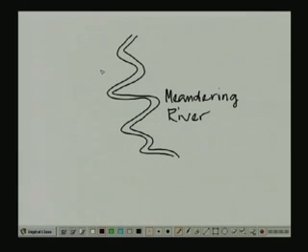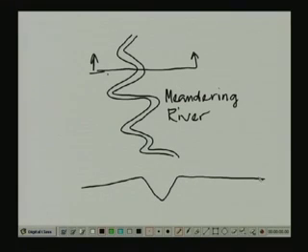When we take a section of a meandering river, what we see normally is the river bed, shown here, and on both sides of the river bed is a relatively flat land.